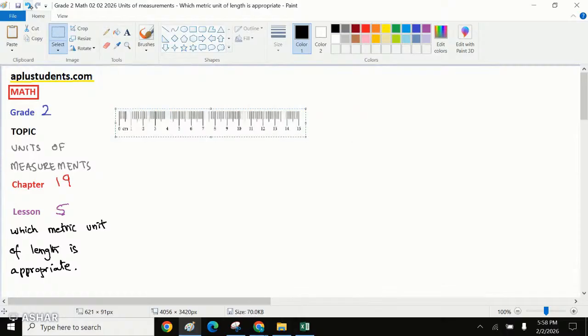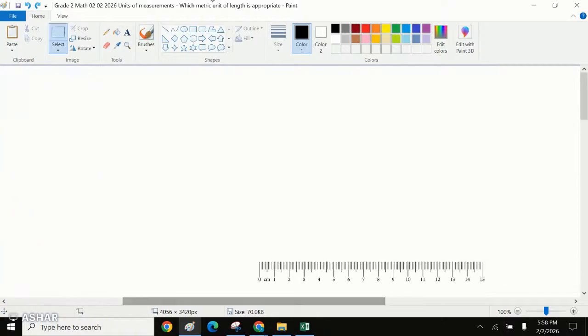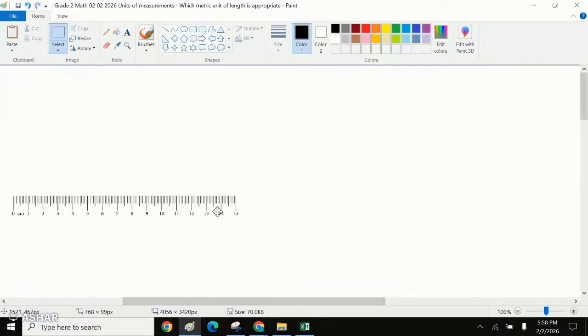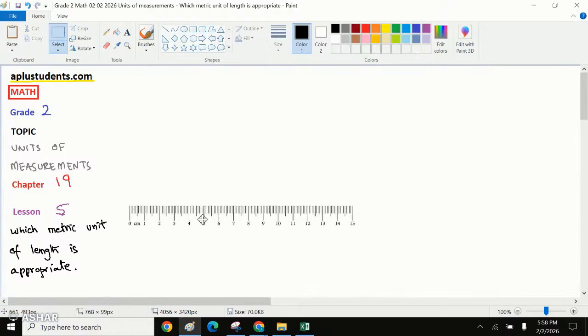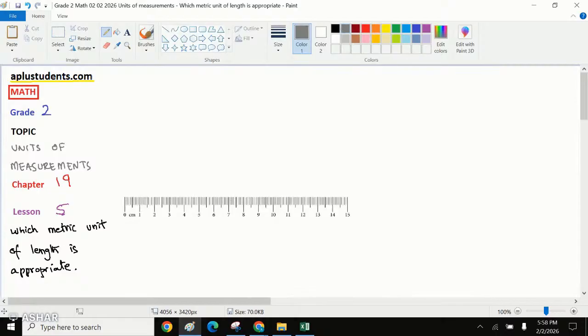If this was given to us, we know that the gap from here till here is 1 centimeter, right? And there are 10 lines in this 0.5, and that means 1 centimeter equals 10 millimeters. We know that.